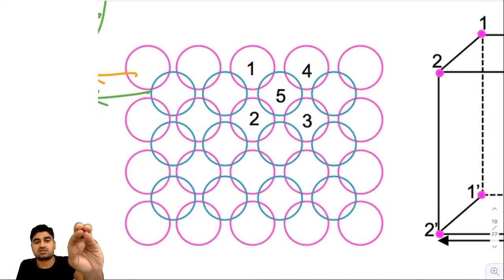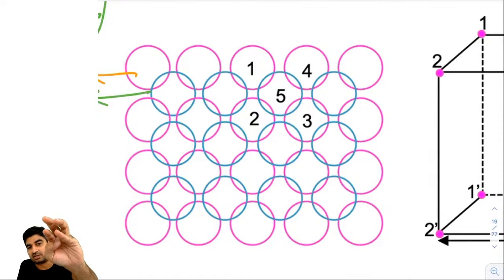So in this case, what will happen? These 4 spheres will not remain in contact. In a layer, spheres will remain at some distance.